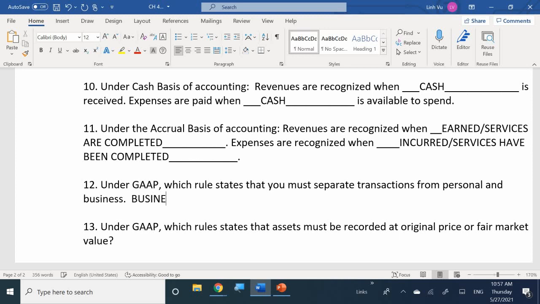Yes, that's correct. Good. So once again, when we are a sole proprietor, you need to determine the difference between personal and business transactions. That way it keeps you secure, but it also allows you not to fraud your company.